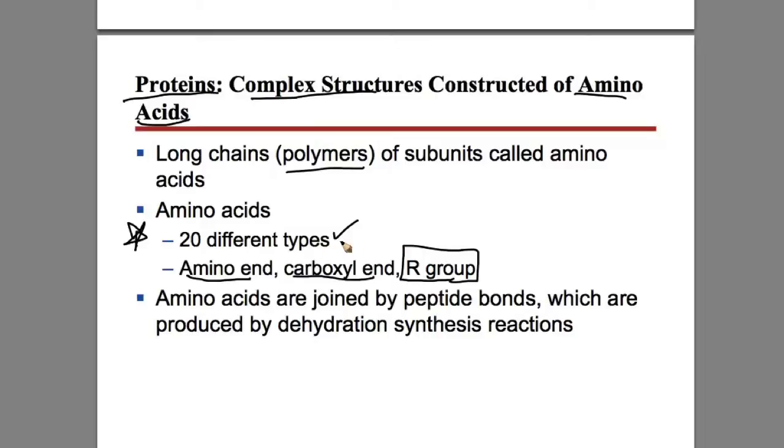So each of the 20 different types has a different type of R group. When you put together amino acids by what are called peptide bonds, which are a type of dehydration synthesis reaction, you're going to end up with large chains of amino acids, and if it's large enough, then we call that a protein.